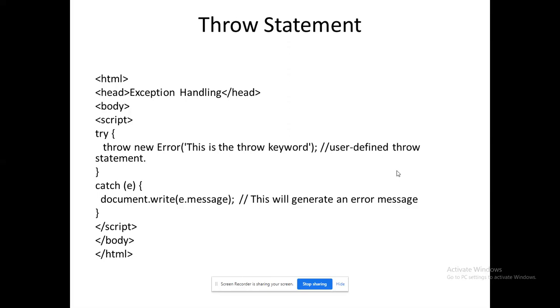If you are going to create your own user defined error object, or access any error objects from the predefined errors, in that case you can use throw. So if you throw, the corresponding message will be received by the catch block. Catch block will generate the corresponding user's message.